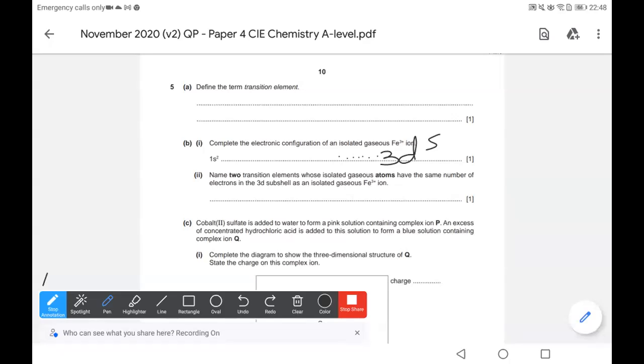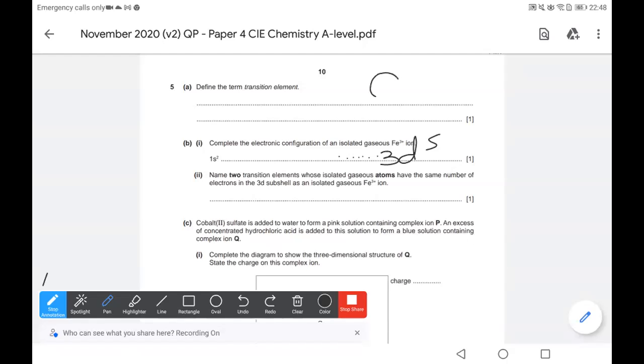Name 2 elements whose isolated gaseous atoms have the same number of electrons in the 3d subshell as an isolated gaseous Fe3+ ion. They need 5 in 3d. That means the 7th one, cobalt.